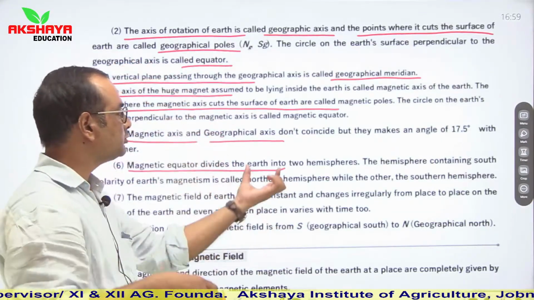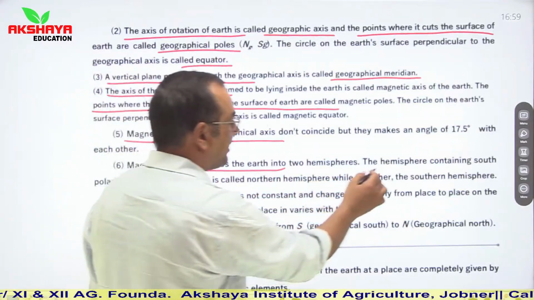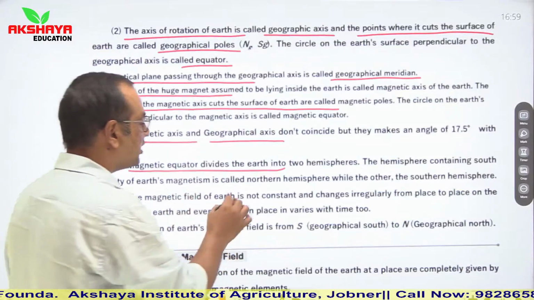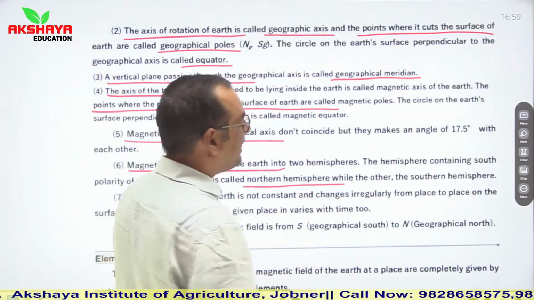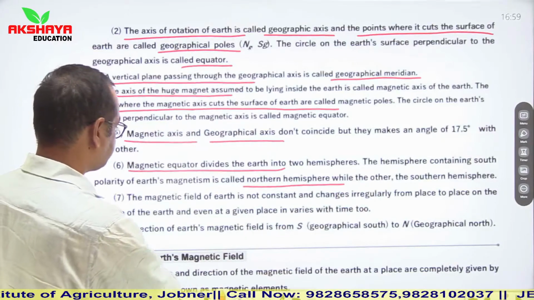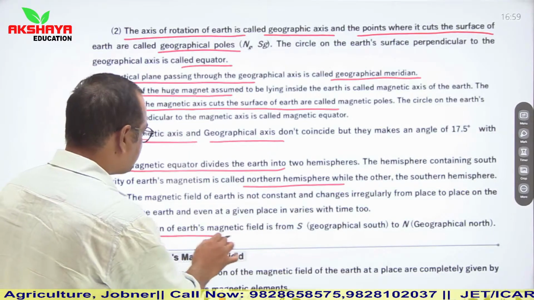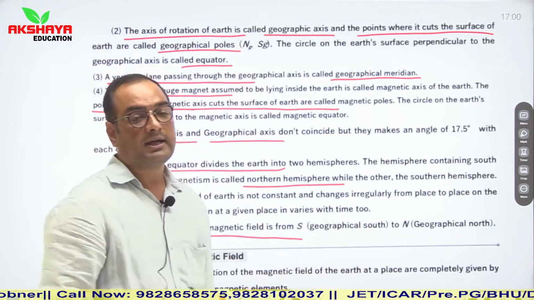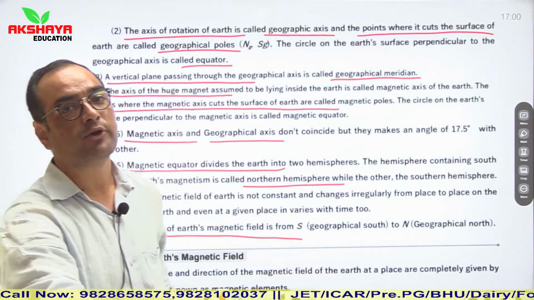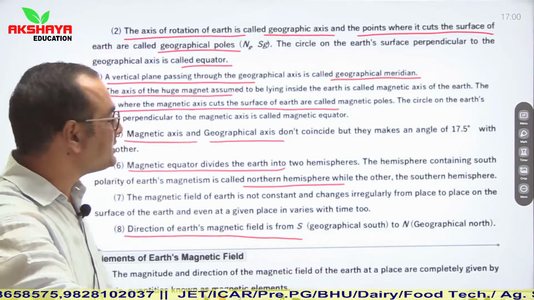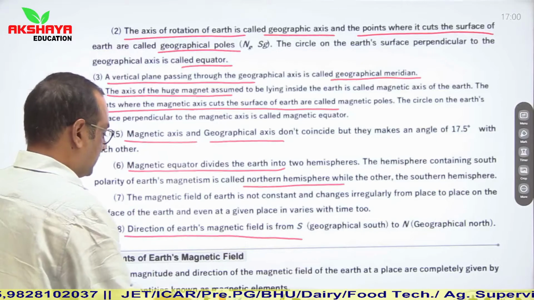The hemisphere containing the south polarity of earth's magnetism is called the northern hemisphere, while the other is known as the southern hemisphere. The direction of earth's magnetic field is from geographical south to geographical north.